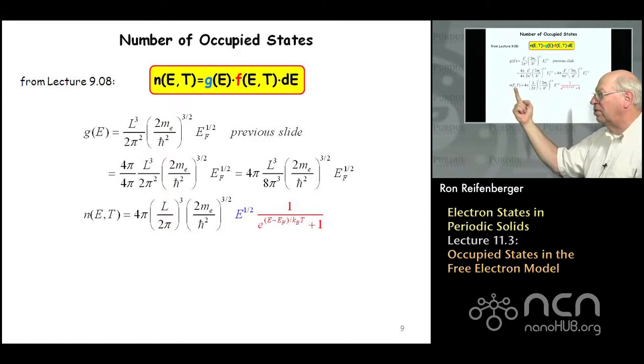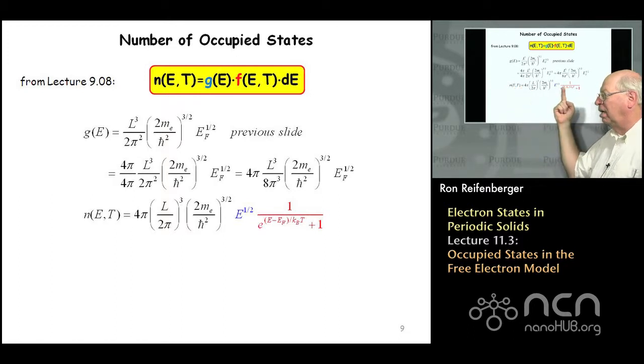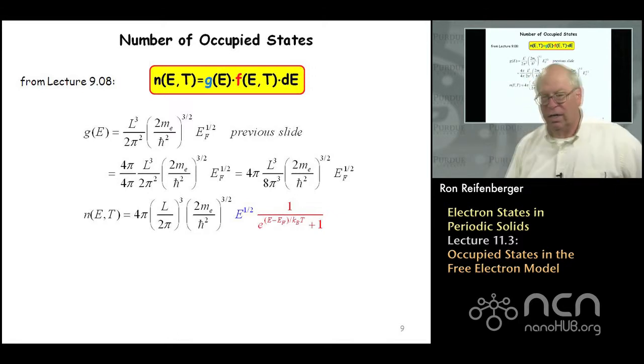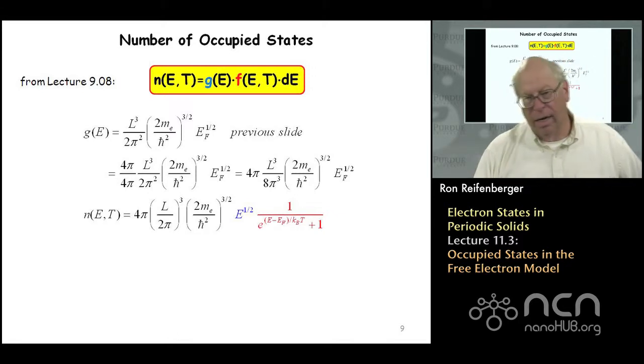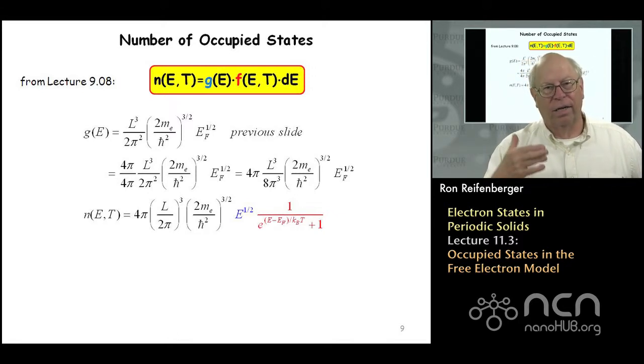The number of states that are occupied at energy E as a function of temperature T is taking the density of states function and then multiplying it by the Fermi-Dirac distribution function that includes the statistics, the Fermi-Dirac statistics that are appropriate for electrons.